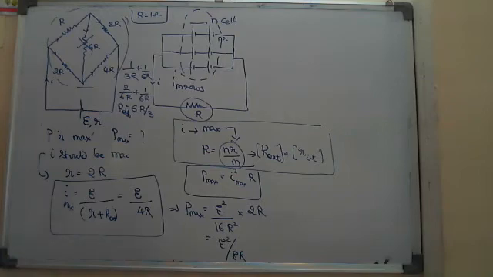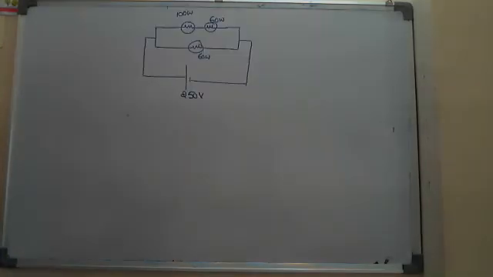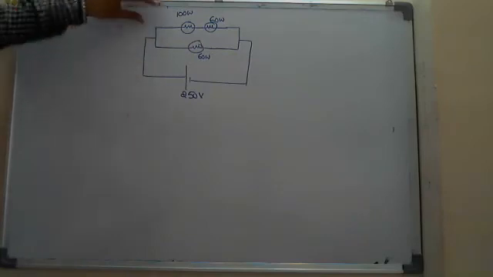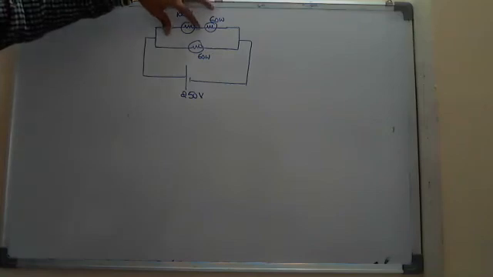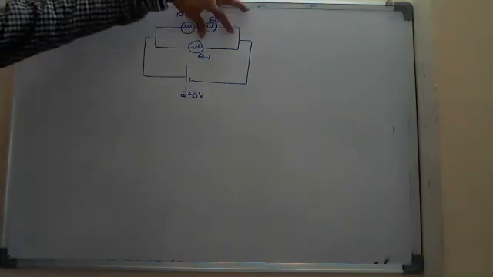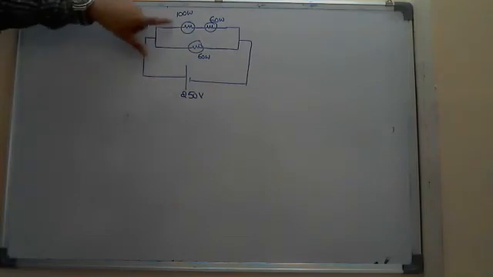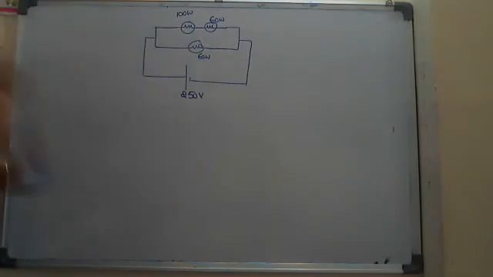Okay, so if the circuit is given with 3 bulbs, 100, 60 and 6, if possible try to find either the potential differences across the bulbs or the currents through each branch, any one method. Generally they have to give the printed voltage, but that is also not given.